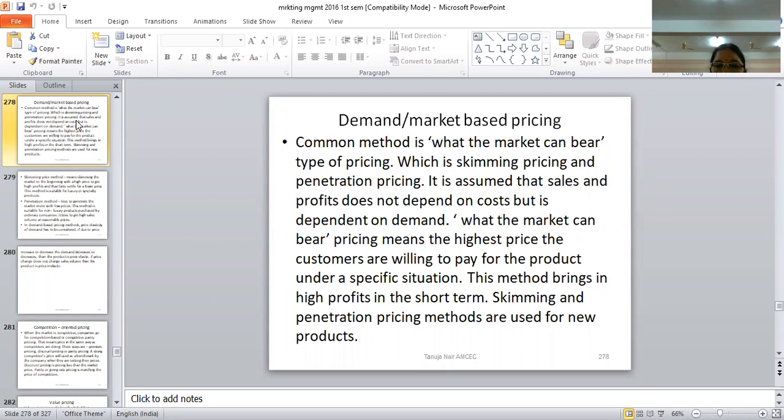It mainly depends on demand. So how much the customers are demanding the product and how much they are ready to pay for the product. This demand-based pricing or market-based pricing is usually used for short term to get very high profits in a short period of time. So usually to introduce new products, the skimming pricing method and the penetration pricing method is followed.